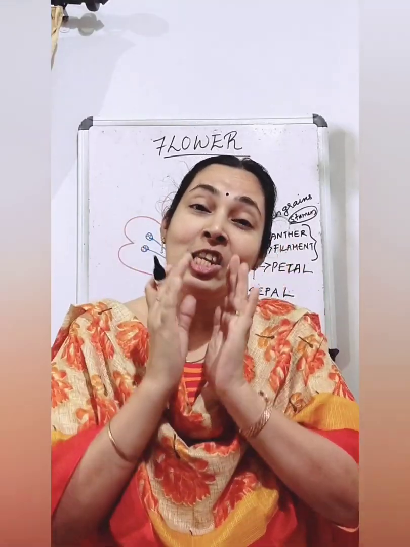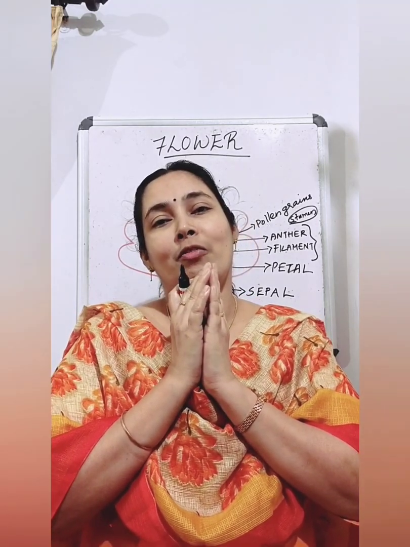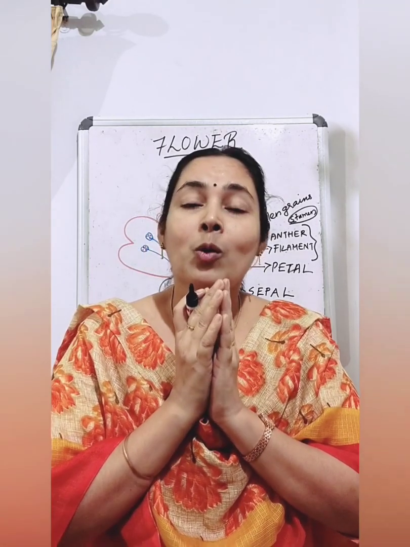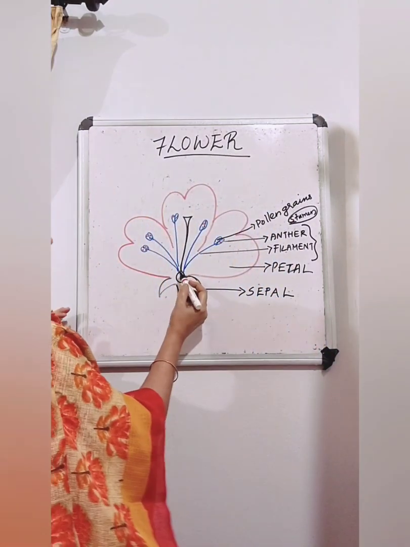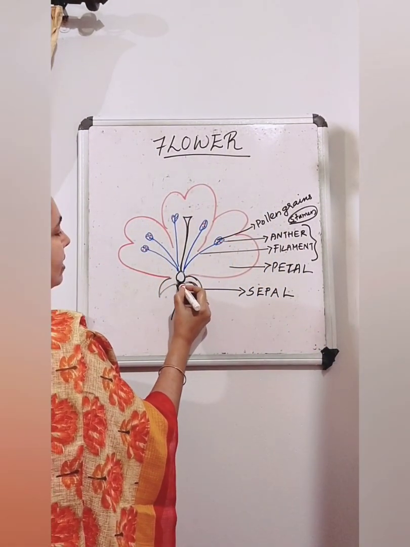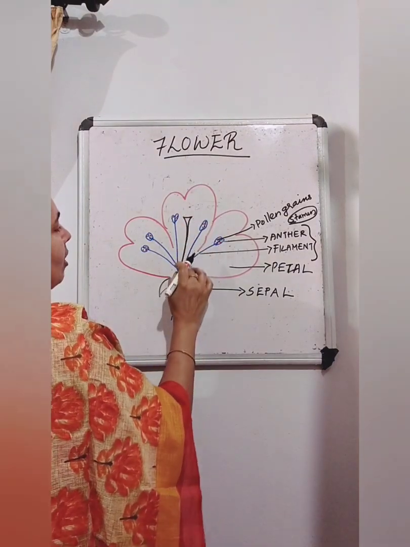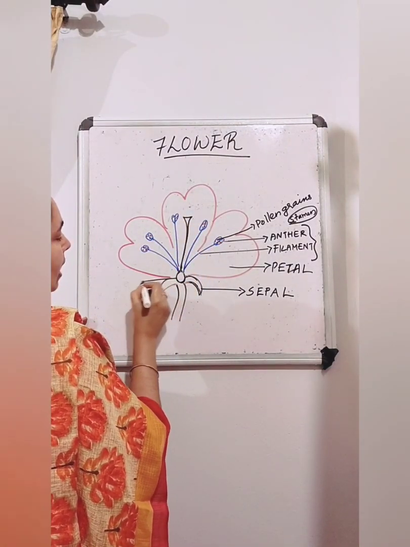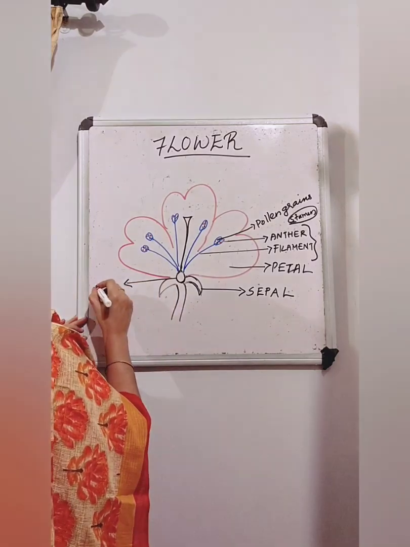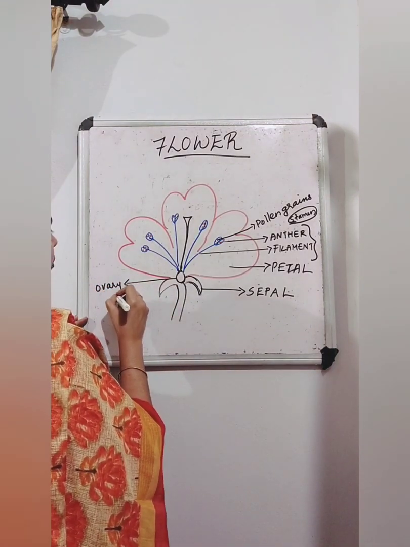Then which is the innermost part of a flower? Innermost part of a flower is called pistil. So here this black colored structure, this is called the pistil of a flower. And pistil has 3 parts. This round structure at the bottom, that is called ovary.